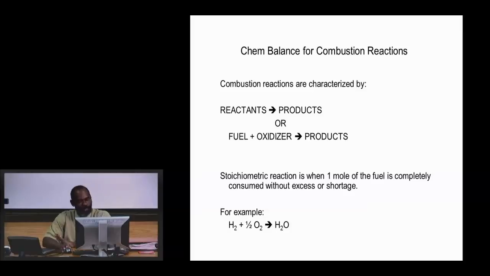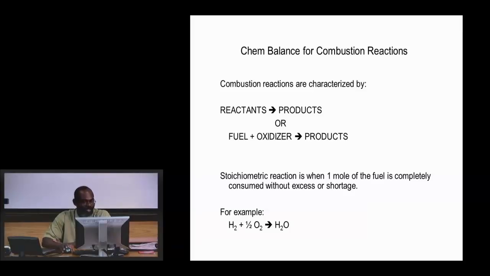And so the details obviously matter in terms of what the fuel is. The oxidizer for most of our applications is O2. So really what we're saying is for a very simple problem where it's hydrogen gas, hydrogen plus 1/2 O2 goes to H2O. So this is a balanced chemical reaction that talks about this particular process.